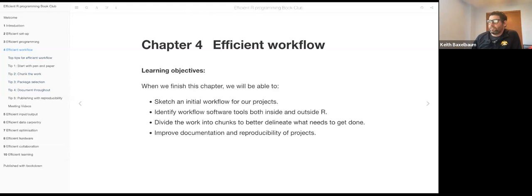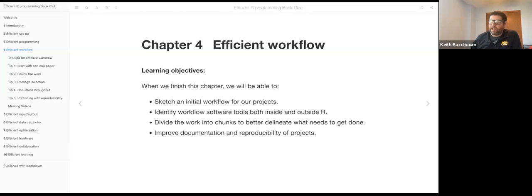So basically this chapter, some basic learning objectives, was aimed at helping develop a workflow that's going to be more efficient, starting from an idea of having a sketch of what the workflow should look like before you even open up the coding. They talked a little bit about different software tools, both inside and outside of R, that I thought could be useful to discuss.